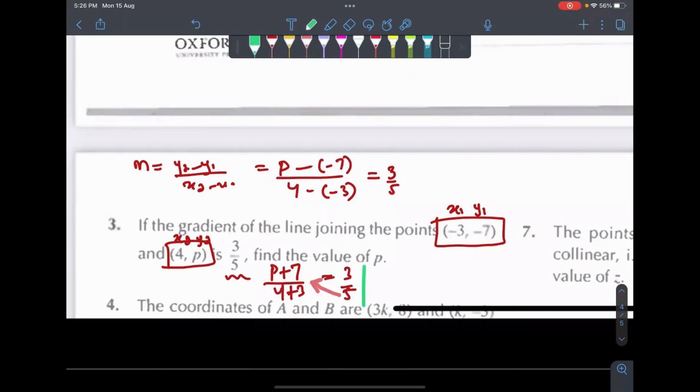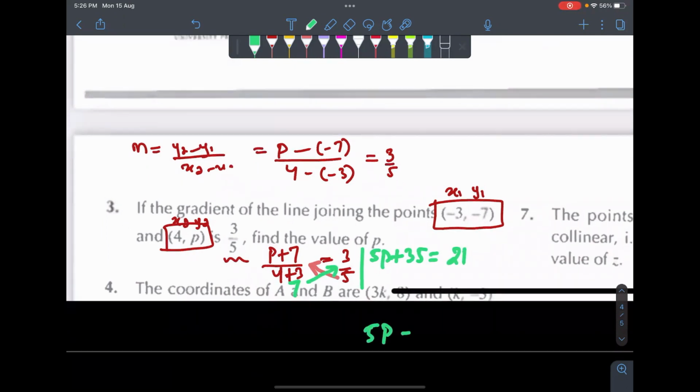So 5p plus 35 equals 4 plus 3, which is 7, and 7 times 3 is 21. So 5p equals 21 minus 35. P equals 21 minus 35, which is negative 14, divided by 5. That's the value of P.